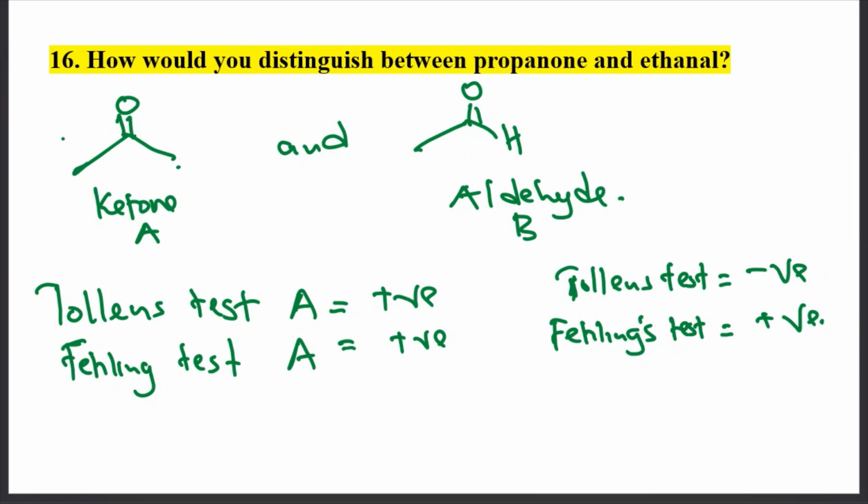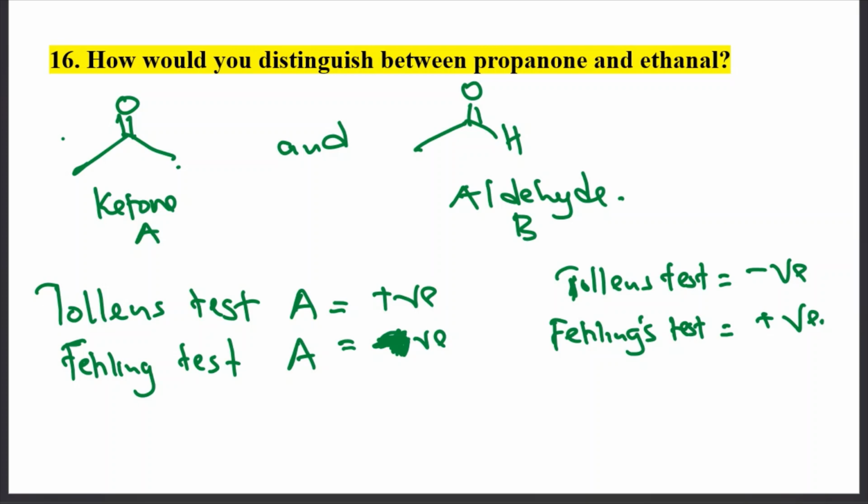So here, what you need to understand is that for A, the Tollens test is positive, but the Fehling's test is negative. It's negative rather, because it is a ketone. But then it will be in opposite.